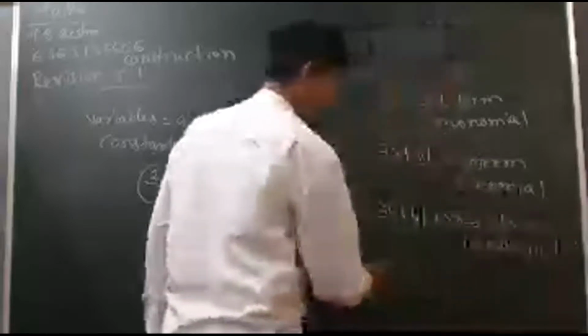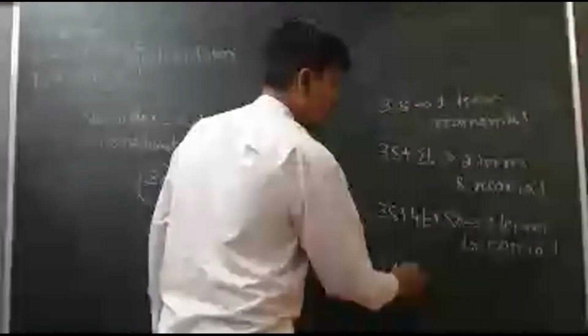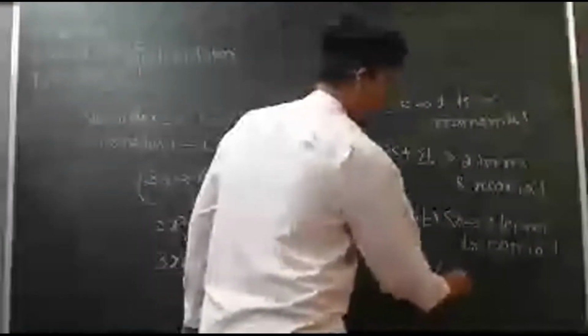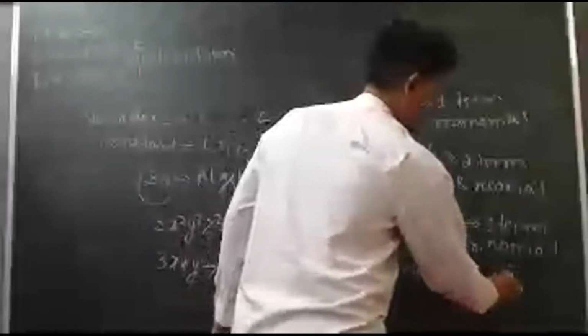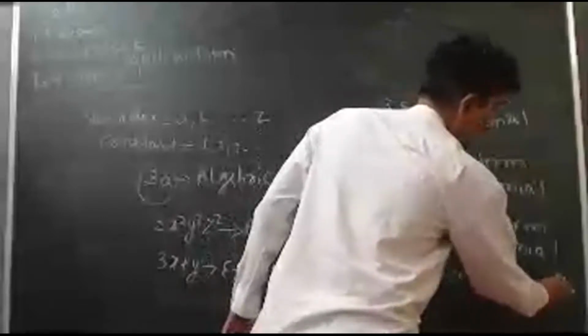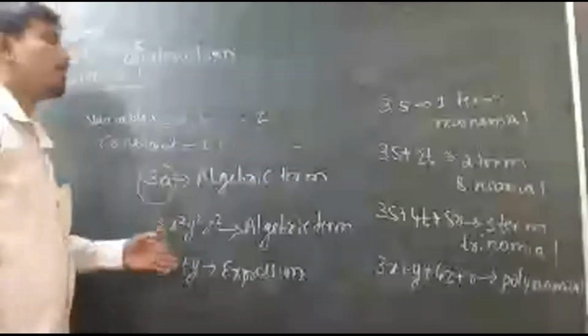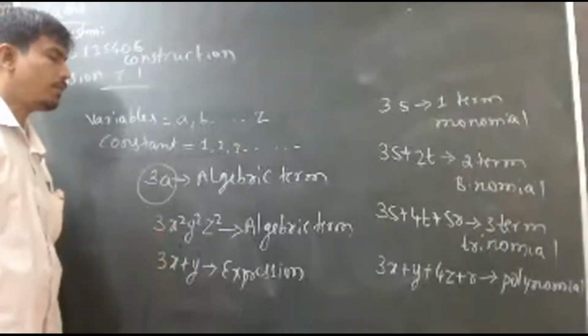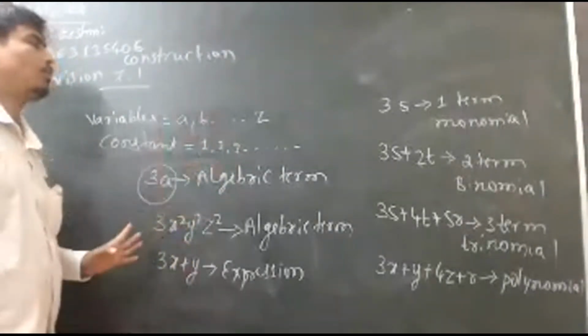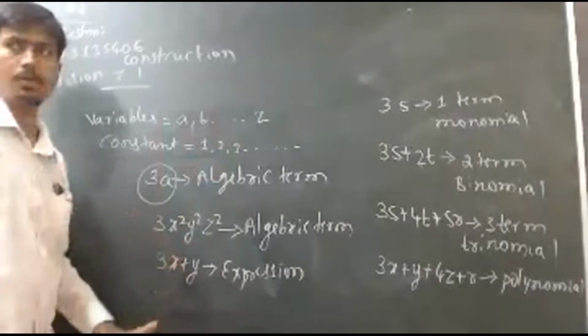And then comes 3x y plus 4z plus r, a polynomial. So you will get the definitions also.